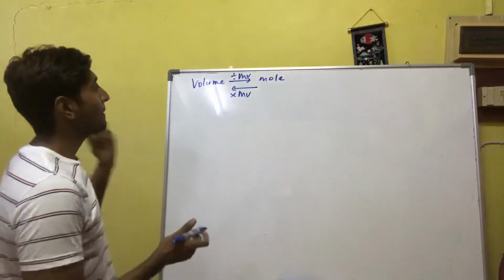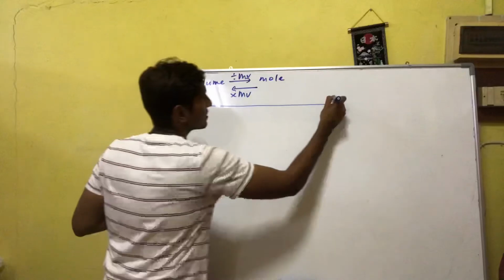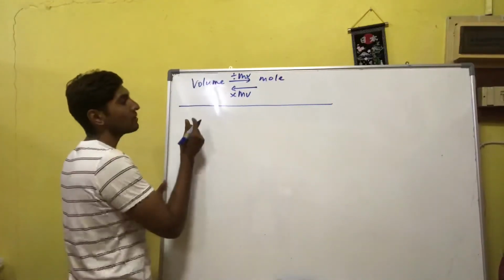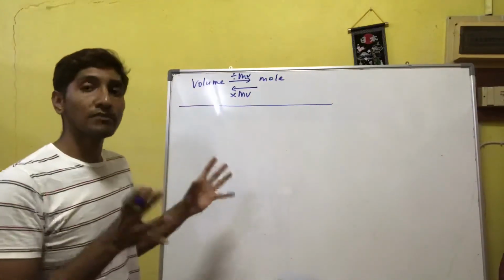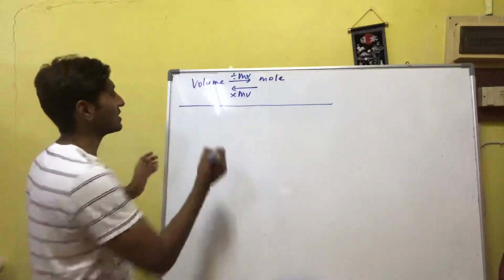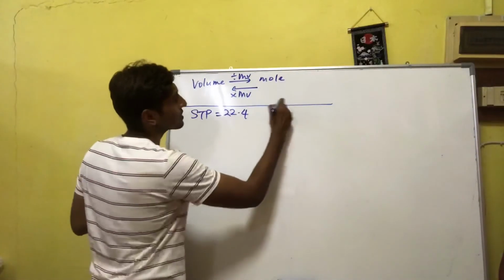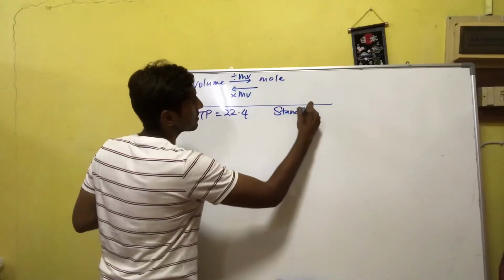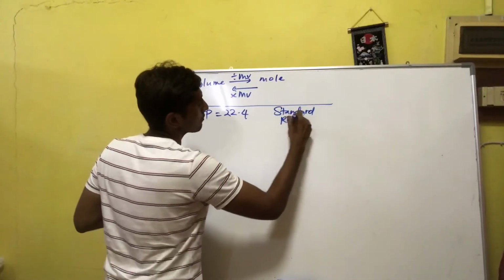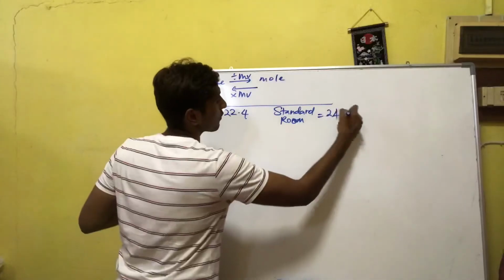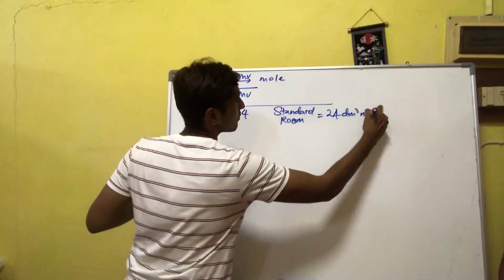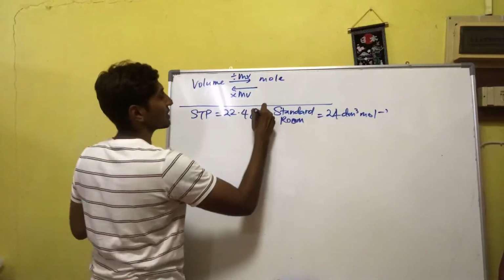So I will show you how to use both of the molar volumes given, which is either STP 22.4 or standard room temperature, which is 24 decimeter cube per mole.